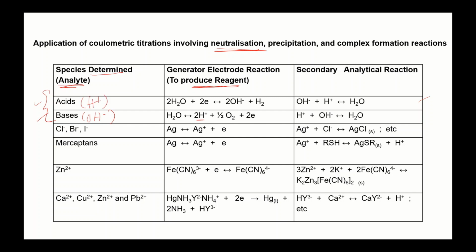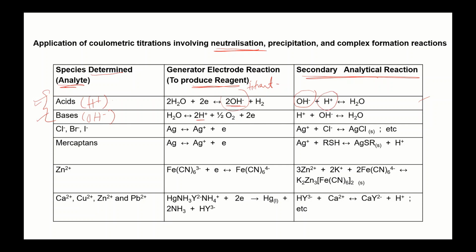So in order to do the secondary analytical reaction to determine acid, in the first case, you have to produce the reagent. In this case, the reagent is the hydroxide. Okay, this is titrant or reagent. So you must produce this hydroxide in situ to react with the analyte.